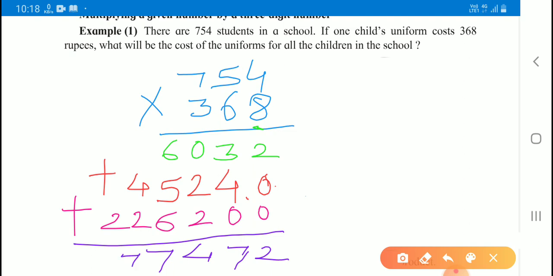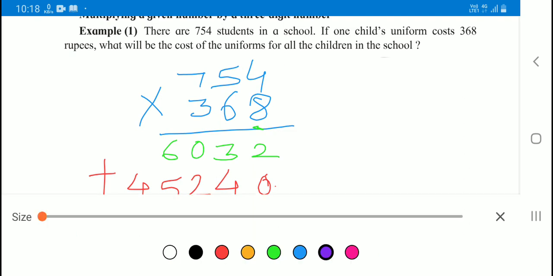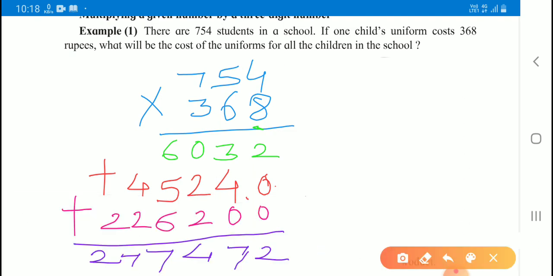And 2 is there, another number is not there, so 2 will remain as it is. So your answer is 2 lakh 77,472. Do you understand this?